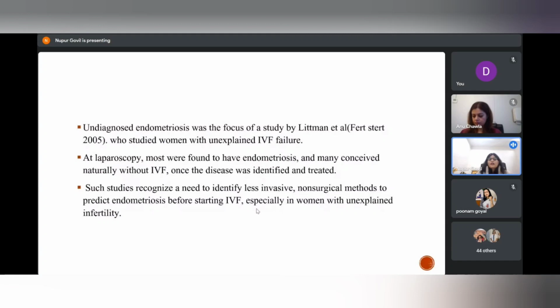So in patients where we find this BCL6 or SIRT1 positive, these patients can actually be helped with medical management. In FET cases, we can give them an agonist long protocol, a down-regulated protocol, and in infertile, subfertile patients, laparoscopy can be done, and the disease can be identified and treated.